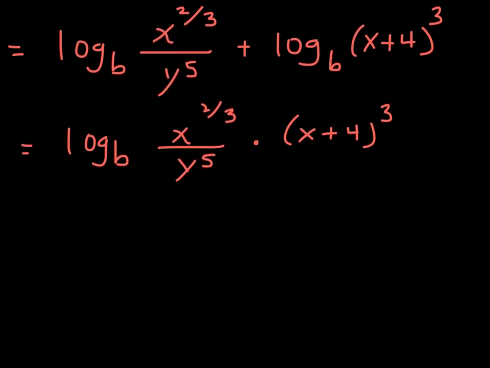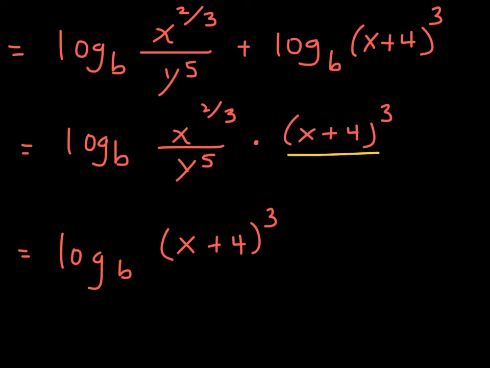So then this is equal to log base b. Let's see. I'm going to rewrite this as x plus 4 quantity cubed times, I feel led to do this. Don't forget that x plus 4 quantity cubed really has an invisible denominator of 1. So just multiply straight across here in order to get what I'm writing.